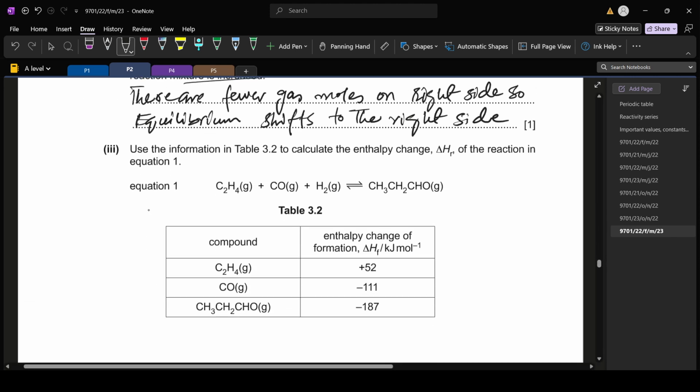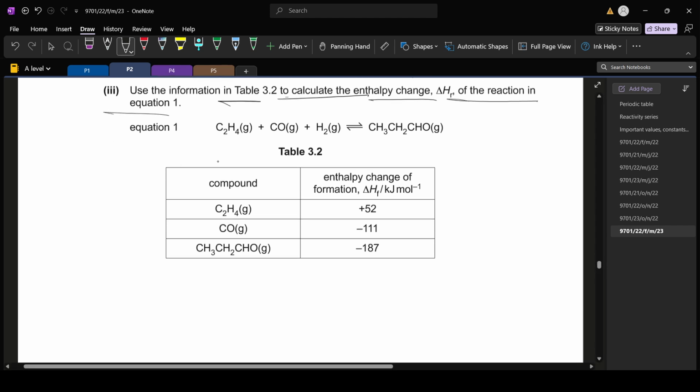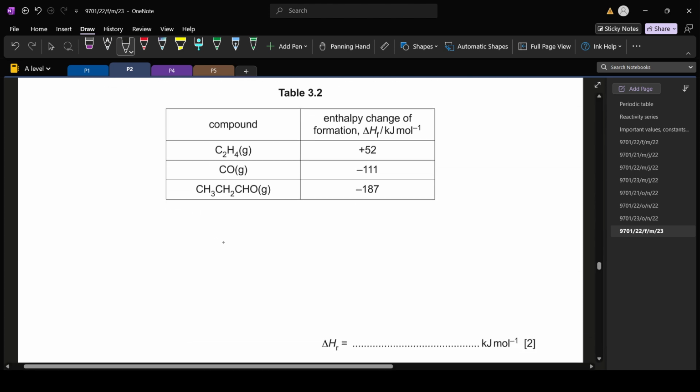Now use the information in table 3.1 to calculate the enthalpy change of this reaction in equation 1. Okay. So the enthalpy changes of formation are given in table 3.1. So firstly we will draw a cycle.